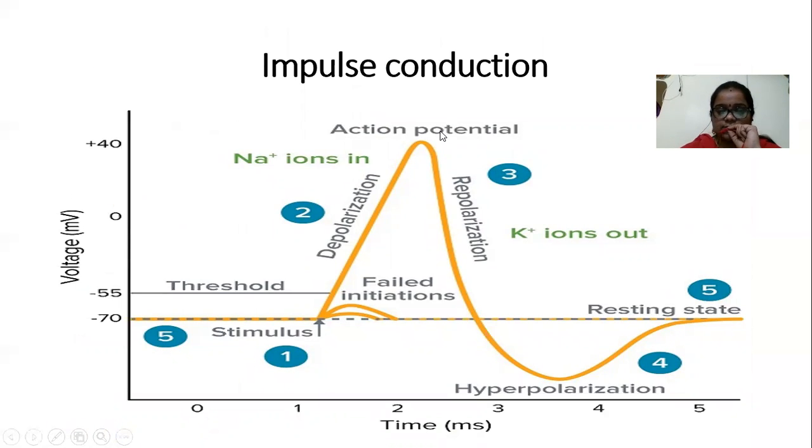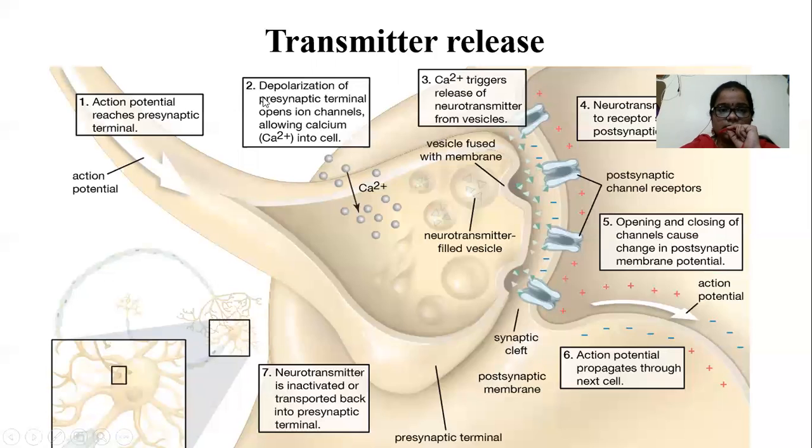Second phase, the second step, is transmitter release. The second step is depolarization of the presynaptic nerve terminal. Which ion channels are activated here? Calcium channels are activated.